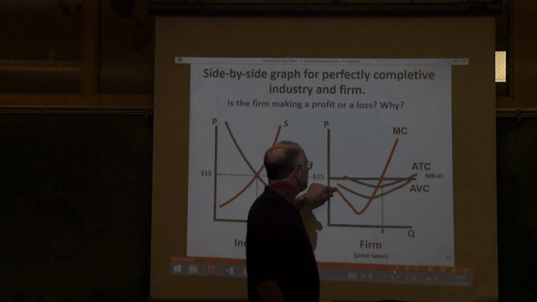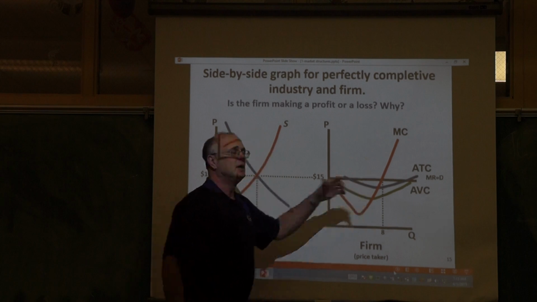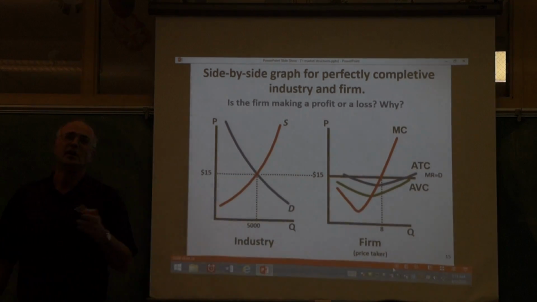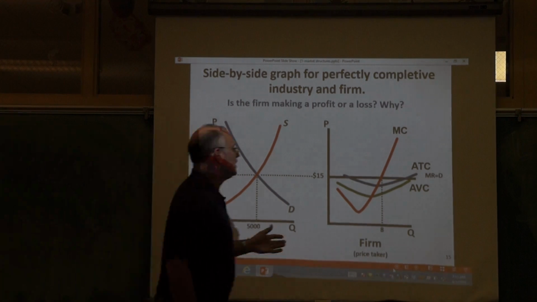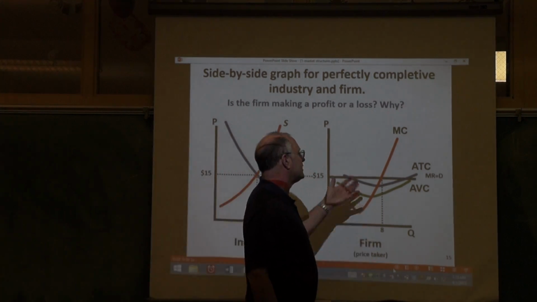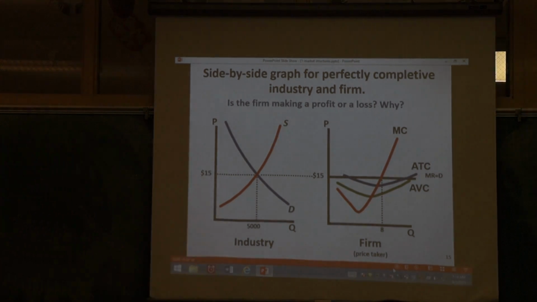Why? Because you're chipping away, even though you're losing money, you're paying for some of your fixed costs. And you'd have to pay for those anyhow. So instead of paying $10 of fixed cost, you're paying $6. So even though you're losing $6, it's better than losing 10. So that would be the shutdown rule.